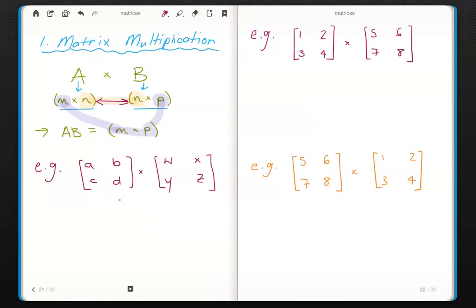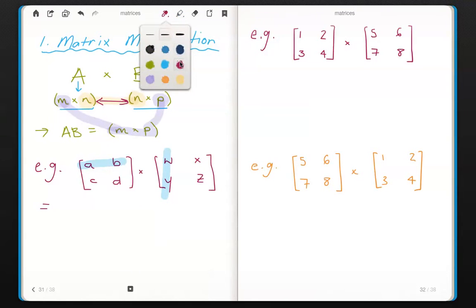So for example, with letters, if we have this matrix A, B, C, D times W, X, Y, Z, what we need to do is first do row 1 times column 1 in the second matrix.